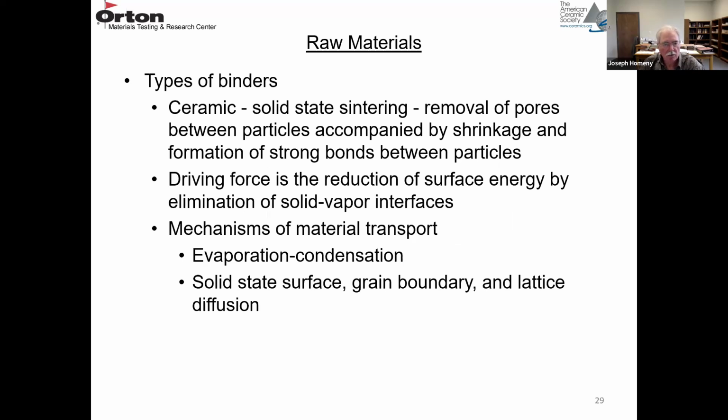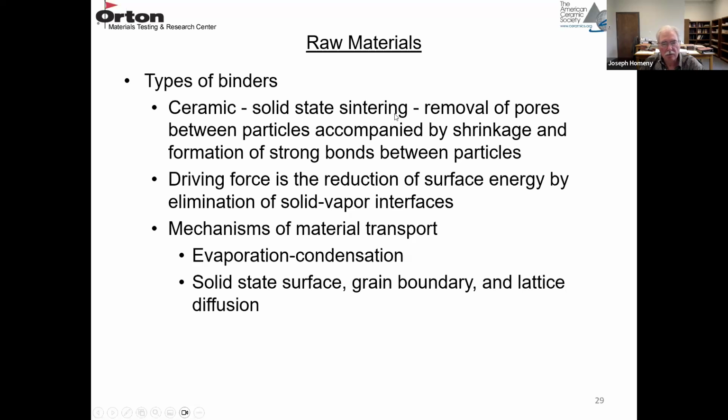So I'll spend a few minutes going over each one of these: solid state sintering and liquid phase sintering. During solid state sintering, you remove pores between the particles. There's shrinkage because you're removing the porosity, and then you're forming bonds where these particles are in contact.